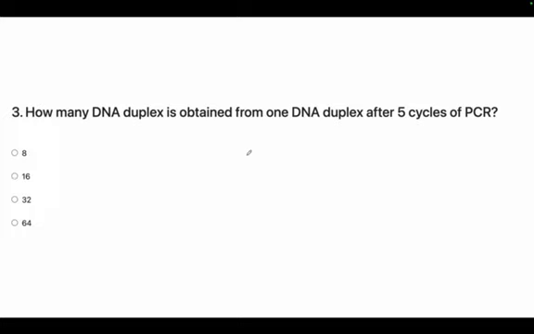How many DNA duplexes are obtained from one DNA duplex after 5 cycles of PCR? What you need to know is, if we start with one template, after one cycle we will get 2. After 2 cycles you will get 4. So we start with 2 raised to 0 molecules.